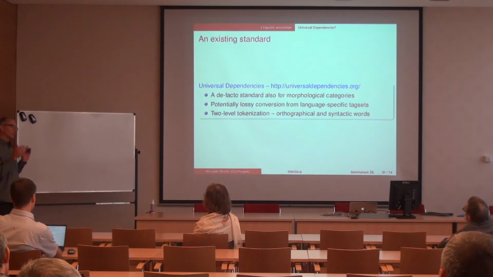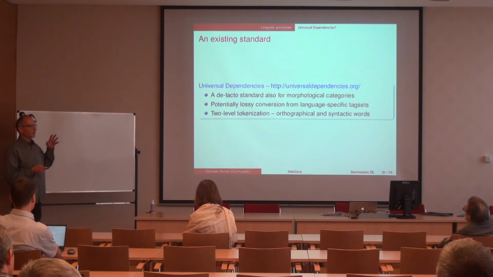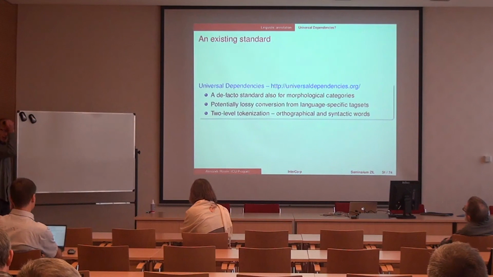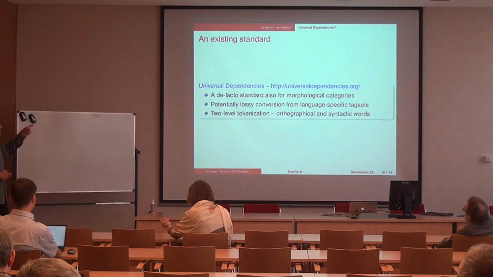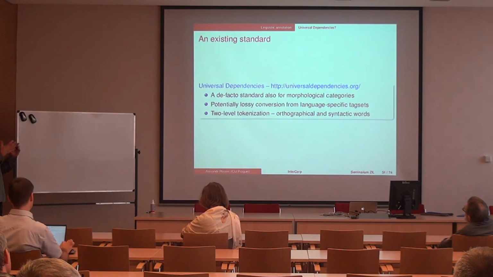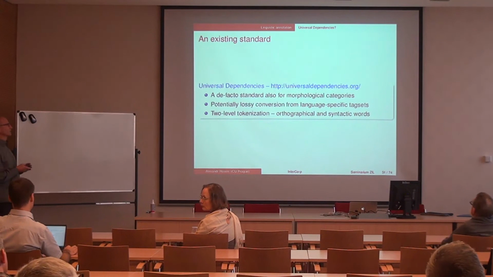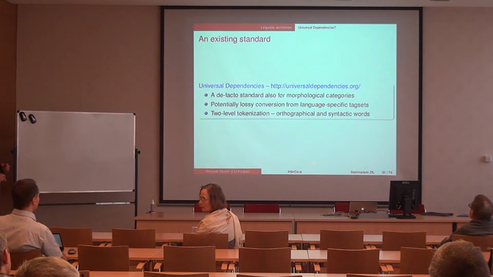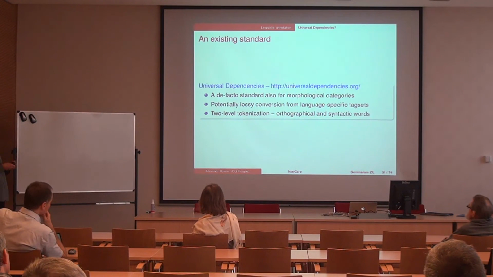So I actually said, okay, maybe it's better to use a standard and not try to invent something new. Now a de facto standard, I don't know, it's not something that some international body approved, but it's a de facto standard. You have this potential lossy conversion from language-specific text sets.